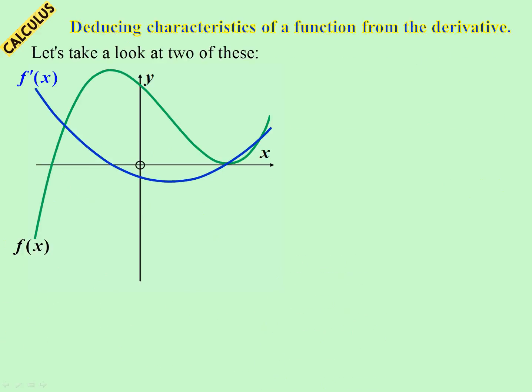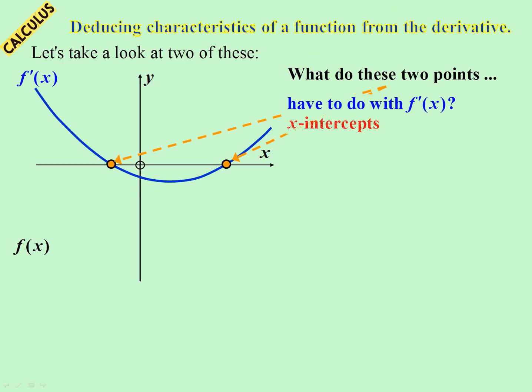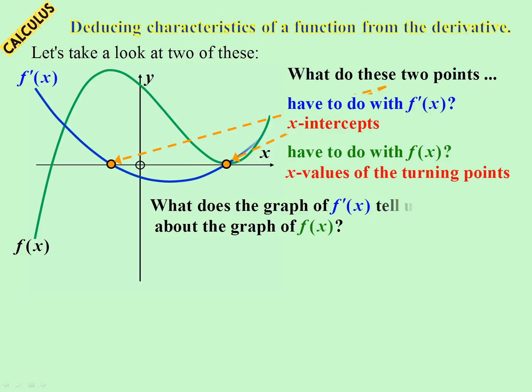So let's just have a look at the two of them, the function and its derivative. Now, there are 2 points there. What do those have to do with f prime, the blue one? Pretty obvious, eh? X-intercepts. What do they have to do with f of x? Well, have a look. Stationary point, stationary point. The turning points.